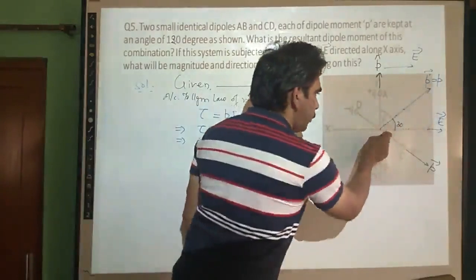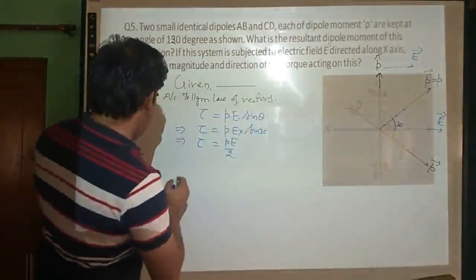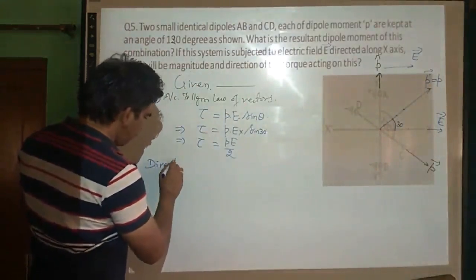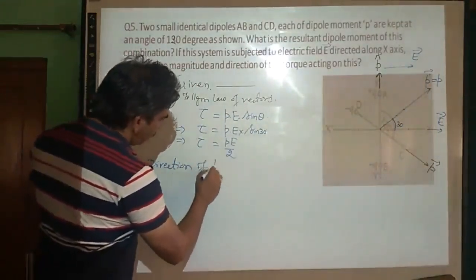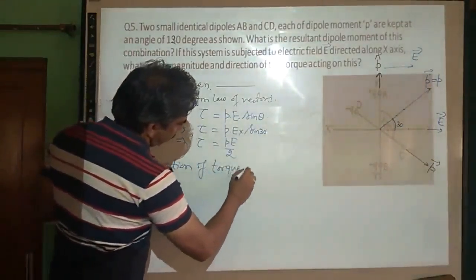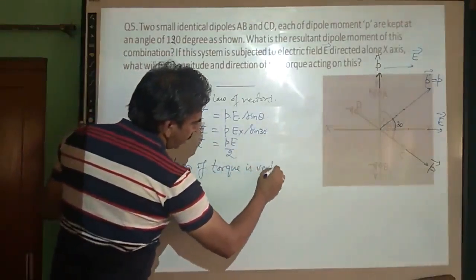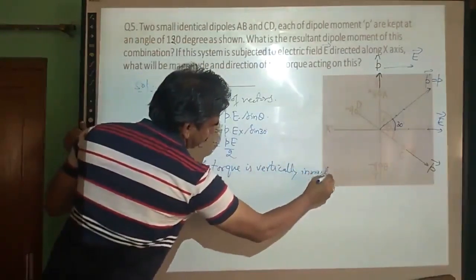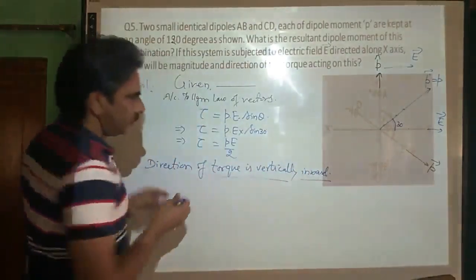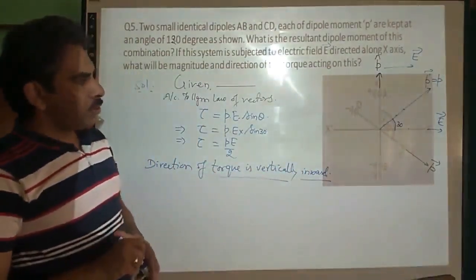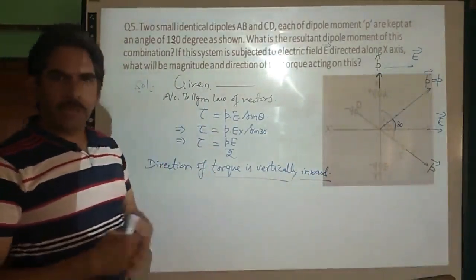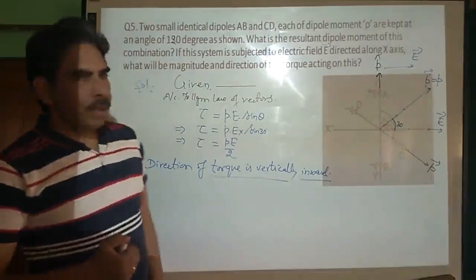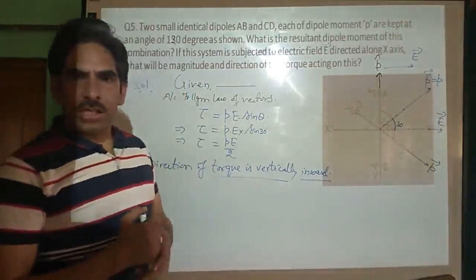So the direction of torque is vertically inward. This is how we solve such kinds of questions. There can be a variety of questions; the more questions you solve, the clearer the concept you understand.